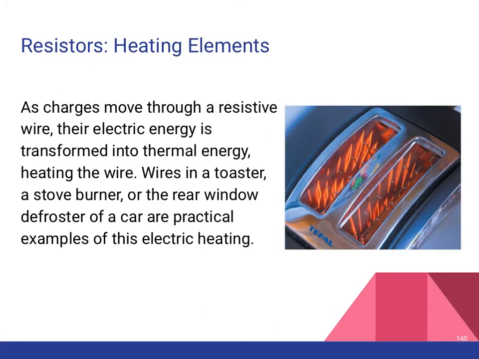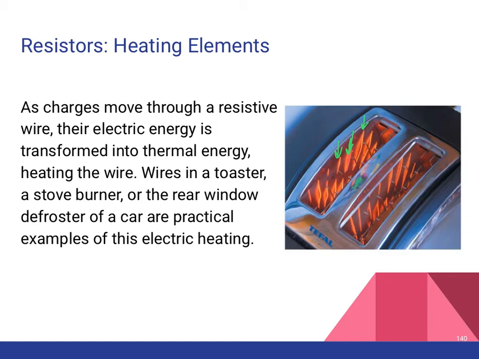If you look inside of a toaster, a toaster is essentially a ton of resistors, except instead of the resistors like we saw in the last slide that looked like they were out of computers, these are just wires with high resistivity. Those wires heat up, and as they heat up, they start to glow, and that is, of course, in this case, used for cooking or toasting your bread.